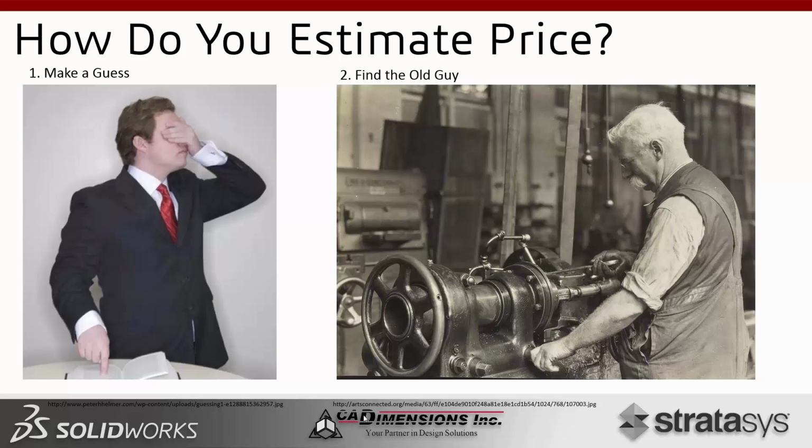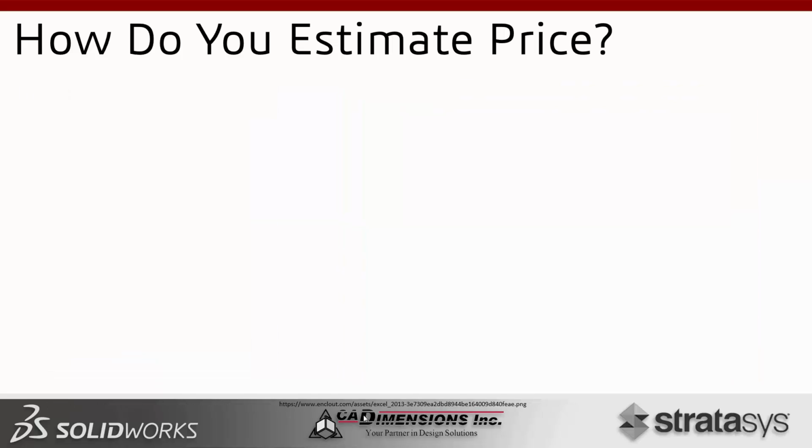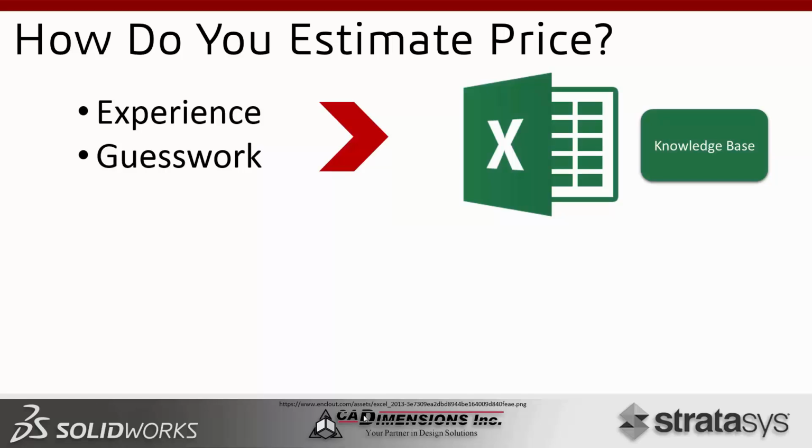Now, in reality, from what I've seen, most of the time it's actually a combination of those two things that goes into the price that you'll end up giving back to the customer. Obviously, I've cartoon exaggerated those on both sides, but it usually is some combination of experience, we've been doing this a while, this should cost roughly this amount of money, and some kind of guesswork, right?